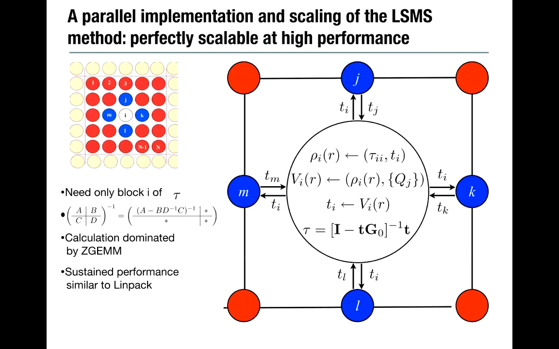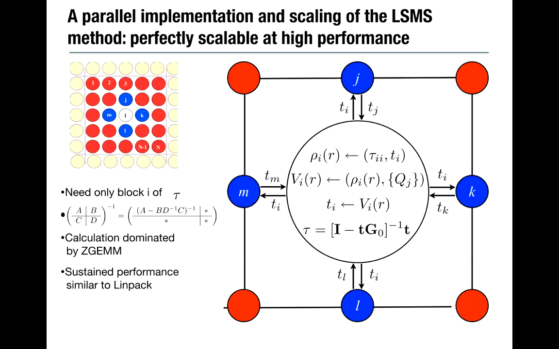In essence, we can have one atom per compute node or compute thread, and the multiple scattering theory that we use to solve this boils down to inverting a matrix that describes how each individual atom interacts with the others, and then requires very minimal communication, basically just the single scattering properties, which are small 30 by 30 size complex matrices between these compute nodes.